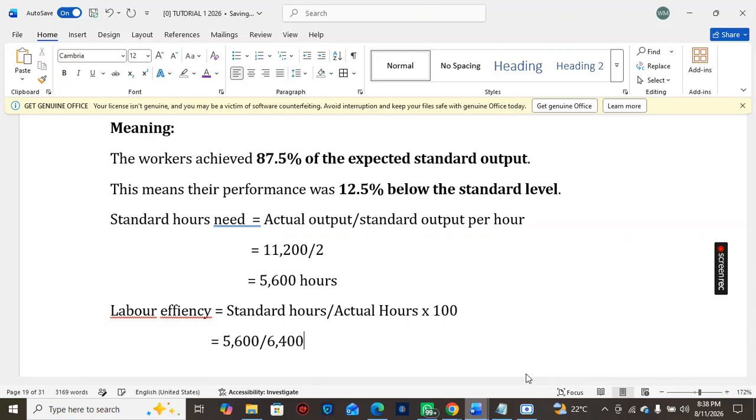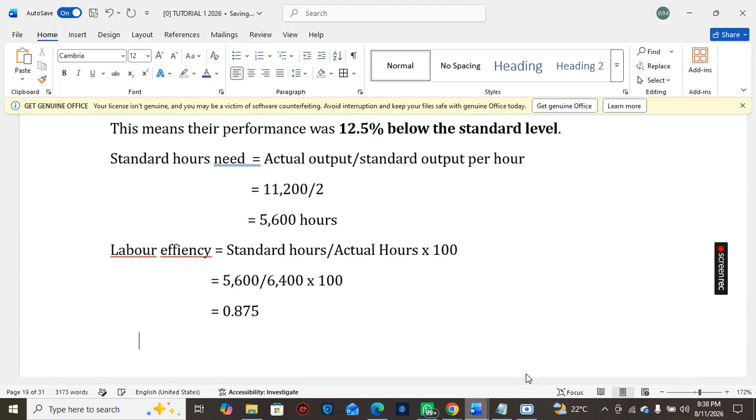Yes. So, colleagues, you can do it on an output basis or on an hourly basis. That gives 0.875, which is 87.5%. Any questions, colleagues?